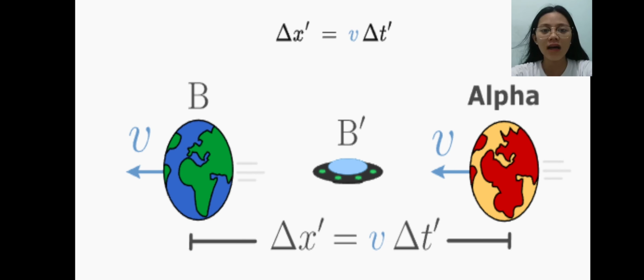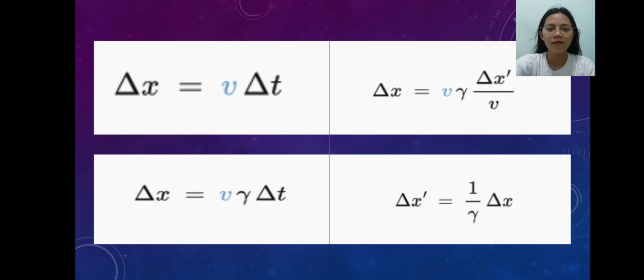Now we can substitute the time span from equation 1 into equation 3. We have delta x equals v times gamma, the Lorentz factor, times delta t prime. Our goal is to find out how delta x prime and the distance delta x are related. Therefore, we have to express delta t prime, the captain's time to get from Earth to planet Alpha, from equation 4 with delta x prime.